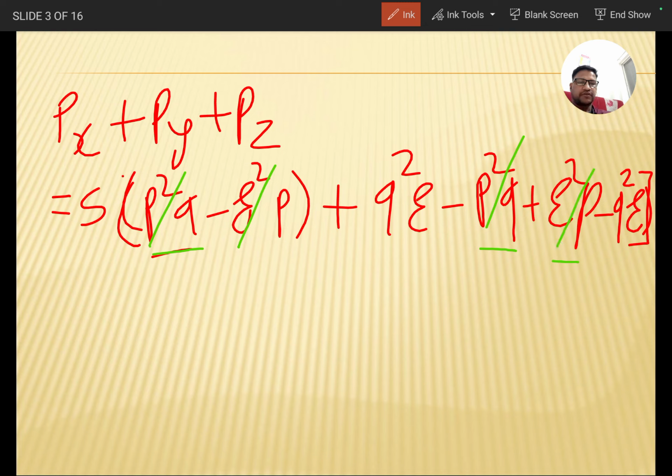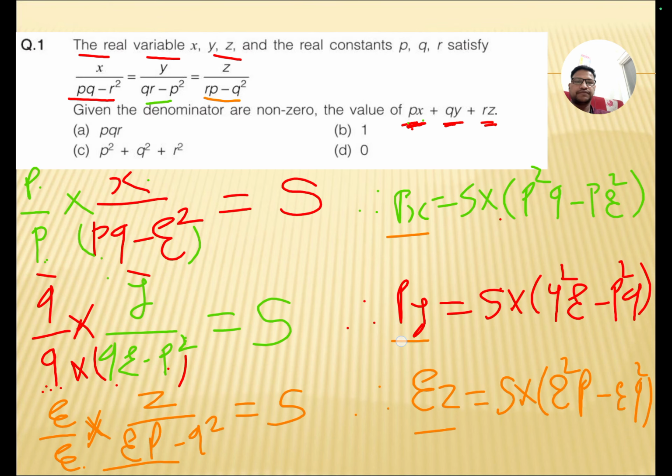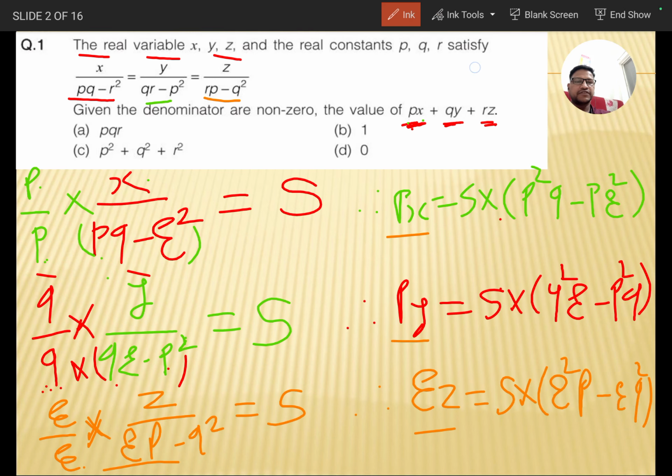Again q square r plus, and here q square r minus, this term and this term cancel out. So s multiplied by 0, and 0 multiplied by any value is 0. So px plus qy plus rz, what is the answer? It is 0. So which option is correct? Here D option is correct. Thank you.